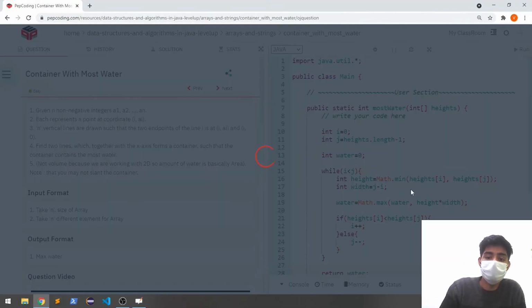This looks fine. Let's run this code. It's taking a lot of time. Refresh the page.